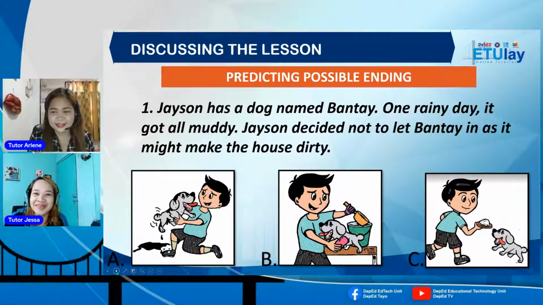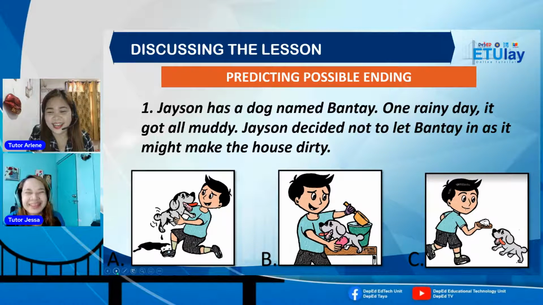Good afternoon. Okay, kids, A, B, or C? Okay, so just look at the pictures, kids, ha? Saan galing yung letter N, kids? May nag-type ng N. Lahat sila nagko-comment ng N.